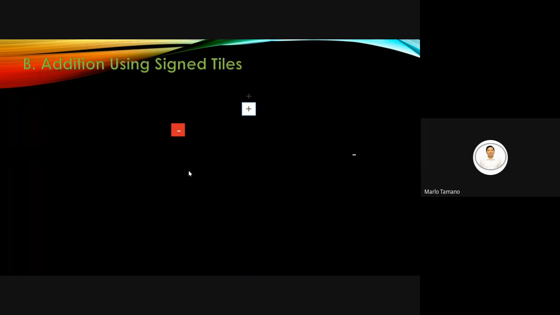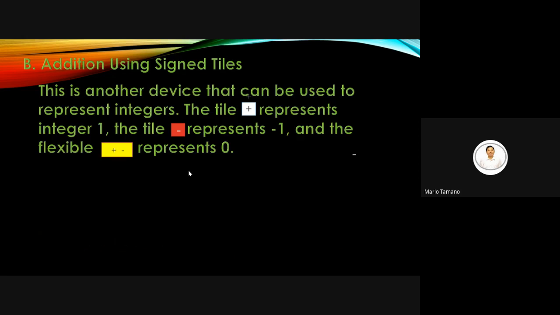Right. Now, addition using sign tiles. This is another device that can be used to represent integers. The positive tile represents integer 1. The negative tile represents negative 1.